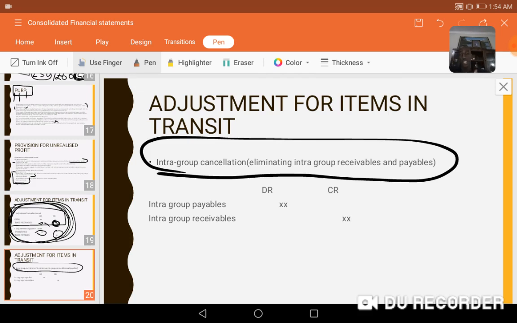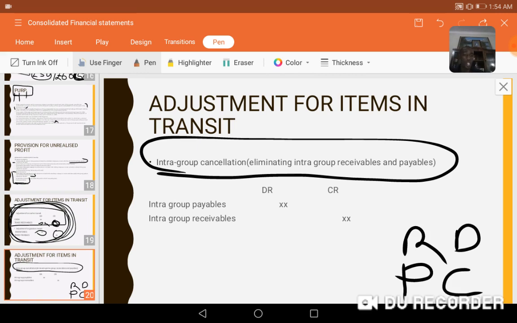Before we cancel, remember I said when the parent and subsidiary trade, especially on credit, it means that a receivable is recognized somewhere and a payable is recognized somewhere, which means initially a receivable would have been a debit, and a payable would have been a credit.